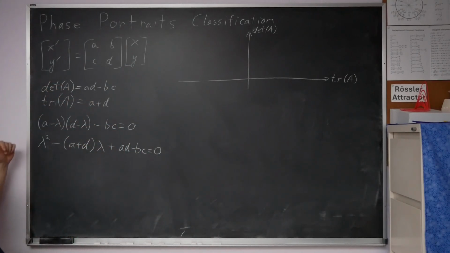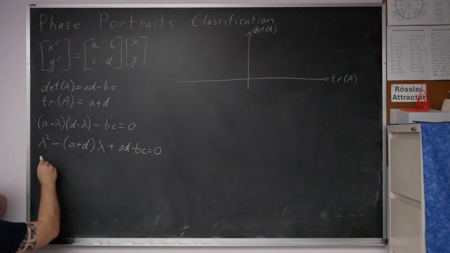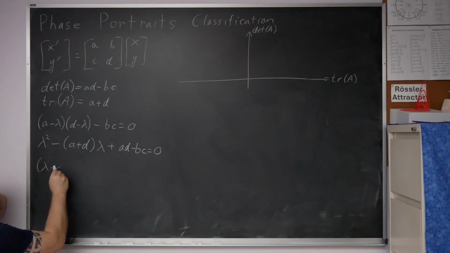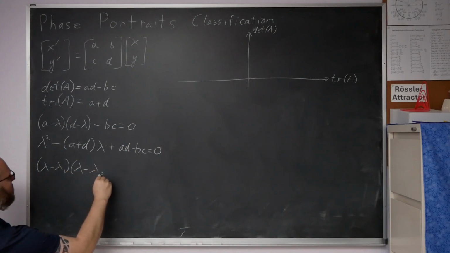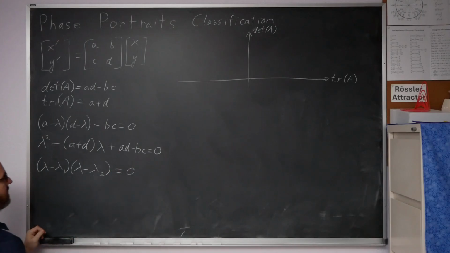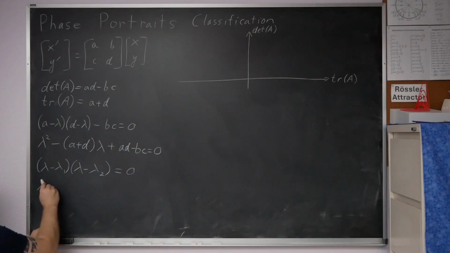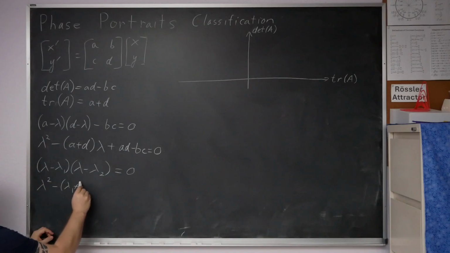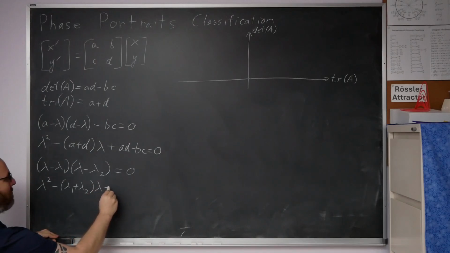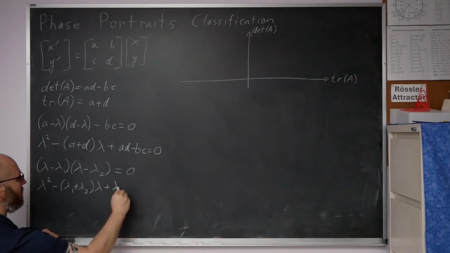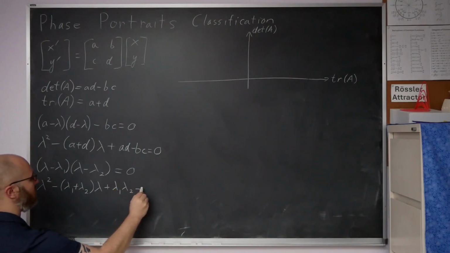But what if we knew the roots, lambda 1 and lambda 2, and we expanded that polynomial? So we have lambda minus lambda 1 times lambda minus lambda 2 also equals 0 if we know the roots. If we expand that out, we'll get lambda squared minus lambda 1 plus lambda 2 times lambda plus lambda 1 times lambda 2 equals 0.